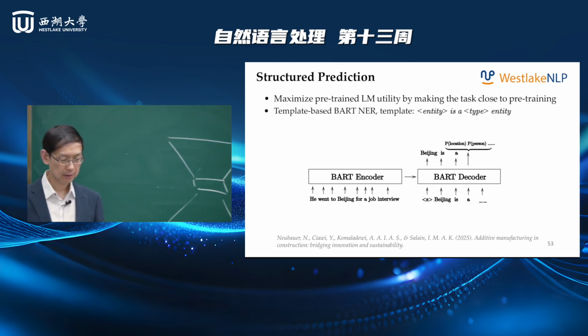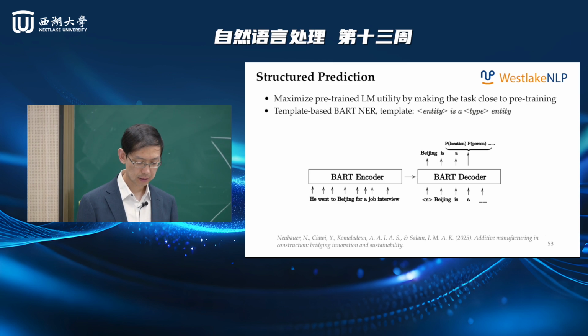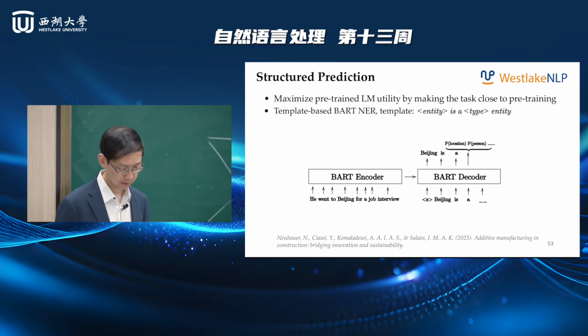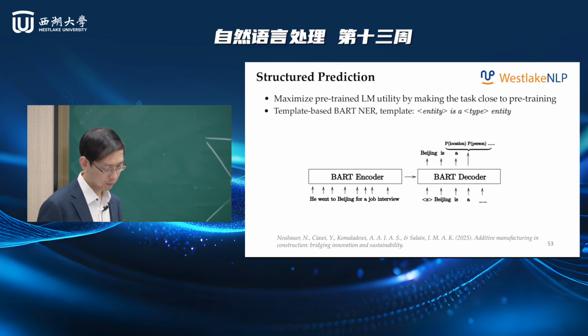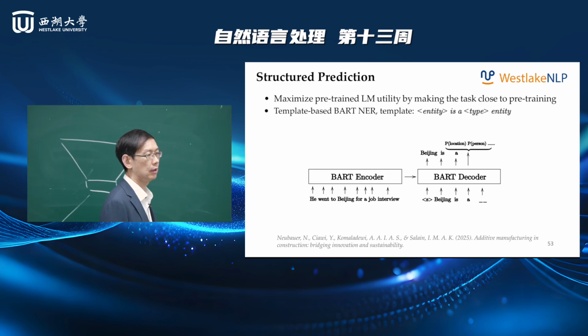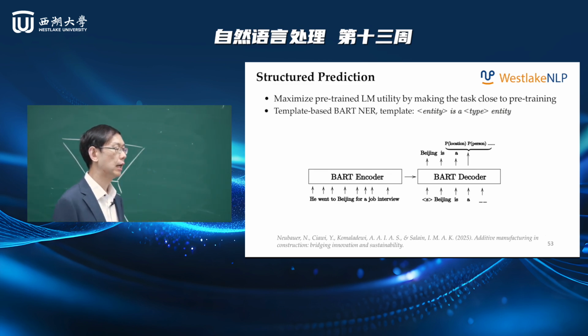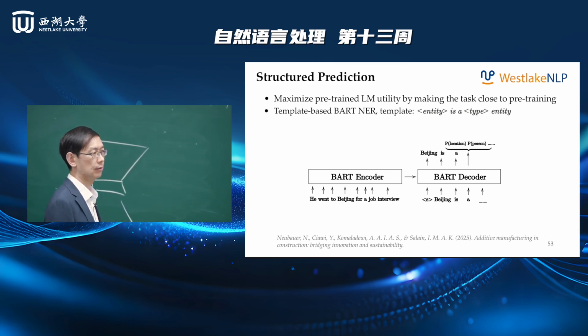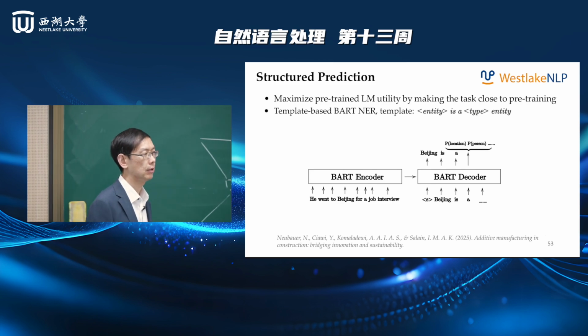Now let's take named entity recognition, for example. So "he went to Beijing for a job interview" is the input. Originally the output is a span. I have to recognize Beijing and tag it as location. So this is named entity recognition.